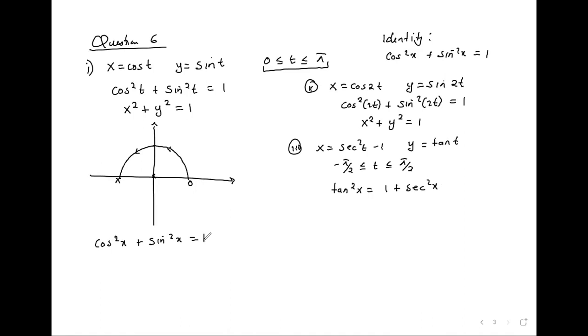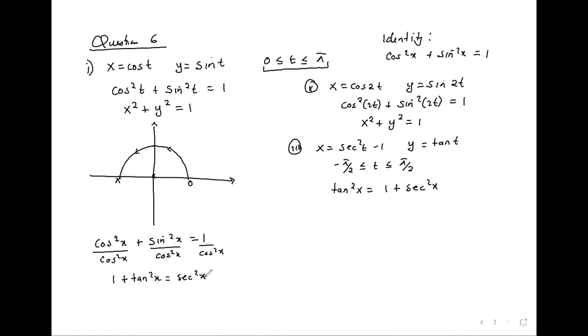So if you've forgotten, you can use this guy to derive such equations. Tan is sine over cos. So you divide by cos squared x throughout. This will give us 1 plus tan squared x is equal to sec squared x.